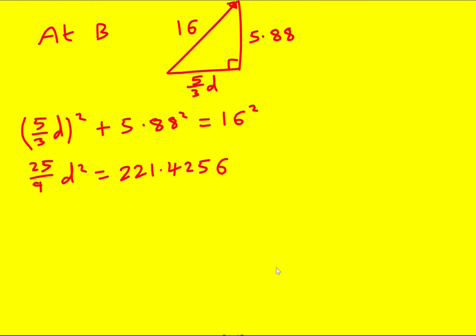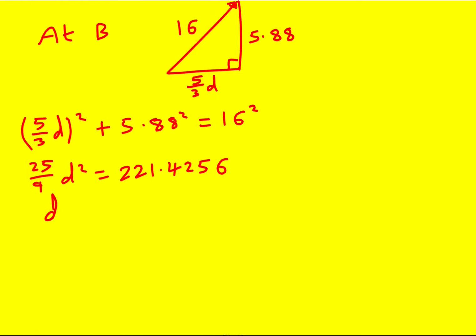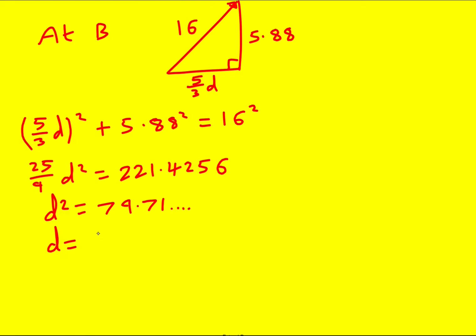I can times through by 9, divide through by 25. 79.71, that's my value of d squared. So d is going to be the positive square root of this, 8.9282, which to three significant figures is 8.93.